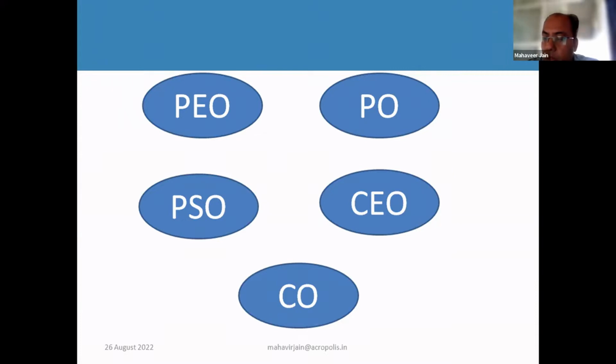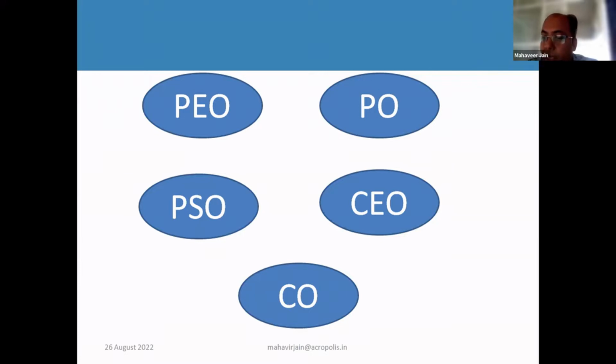So what is the purpose of those courses? The courses are aligned with my PO and PSO. So I need to identify those courses, which will help me achieve the PO and the PSO. PO and PSO also help me decide which courses I need to teach in my program, because there are a variety of programs and courses available.